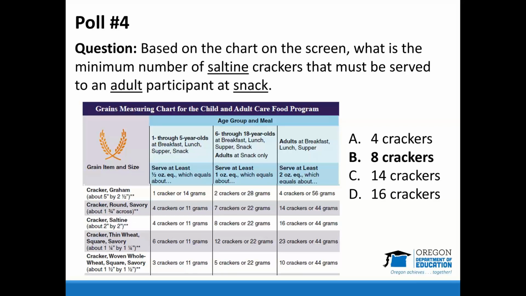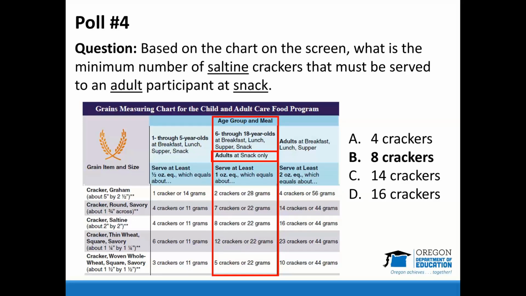Why is it 8 crackers though? I know 16 crackers was a very popular answer as well. So remember that adults at snack time only require 1 ounce equivalent for their minimum serving size. We are actually going to be looking at the middle column instead of the rightmost column. And you can see that adults at snack only are listed under that age group.